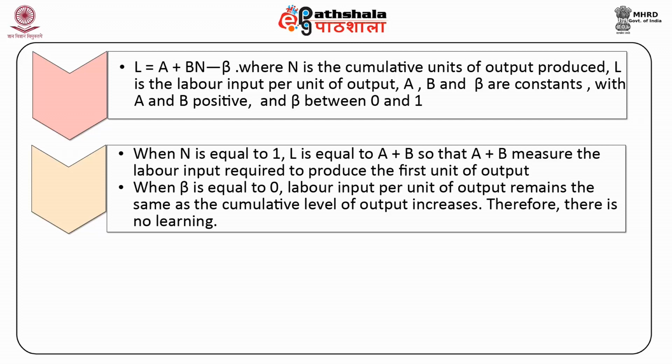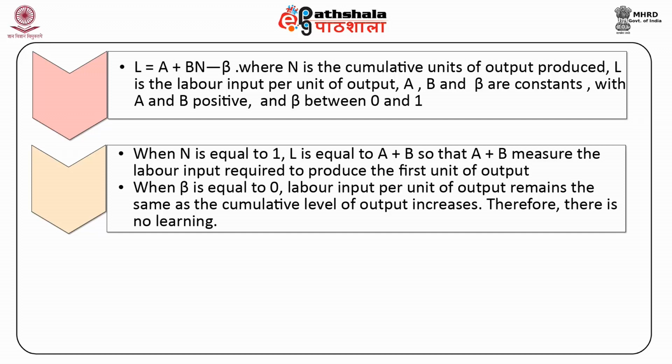When beta is equal to 0, labor input per unit of output remains the same as the cumulative level of output increases. Therefore, there is no learning.